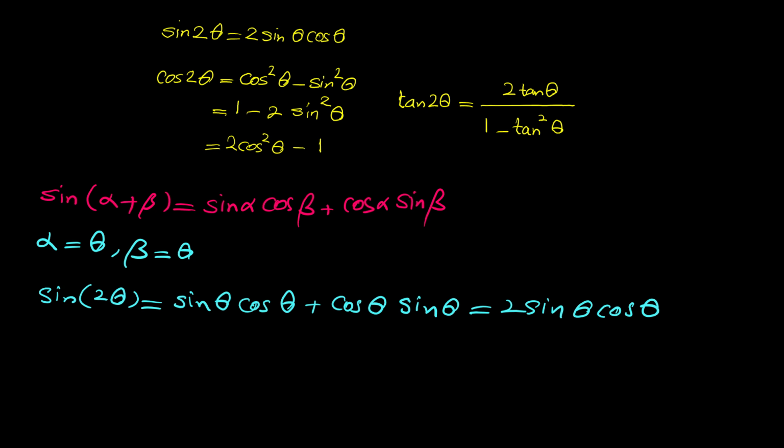Now for proof of this identity, we use the formula for cosine. For cosine of alpha plus beta, if you remember, we have this identity: cosine of alpha cosine beta minus sine of alpha sine of beta.